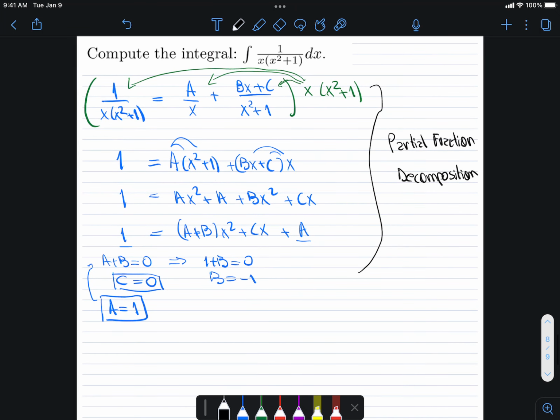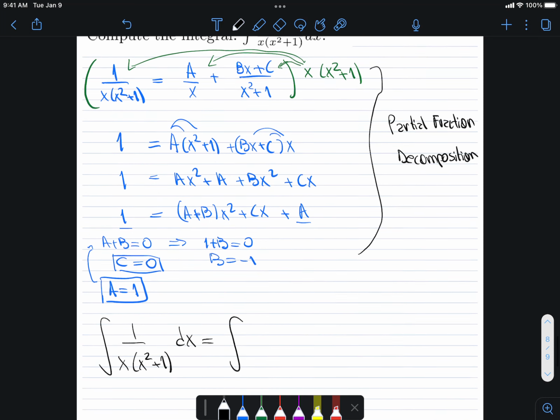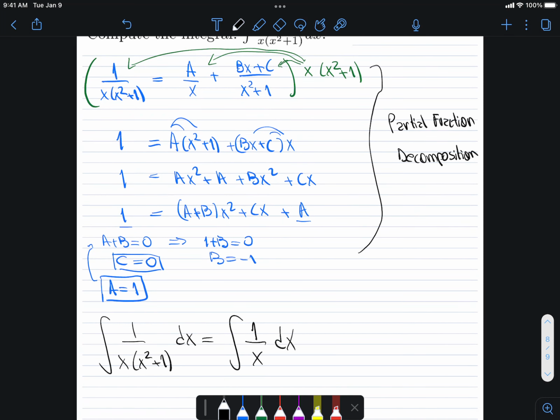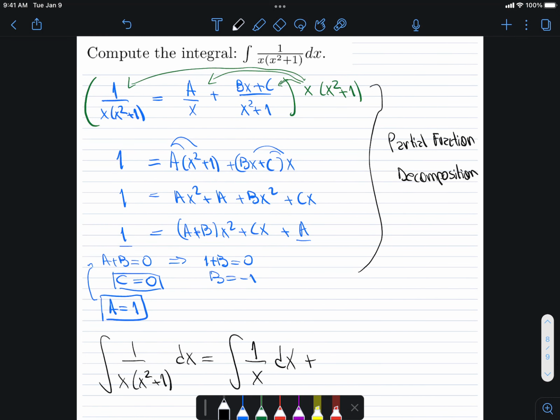And that reduces the problem into the integral of 1 over x, since we just solved this partial fraction decomposition for a. And then bx plus c, where c is 0 and b is negative 1. So this will be minus 1 x over x squared plus 1 dx.